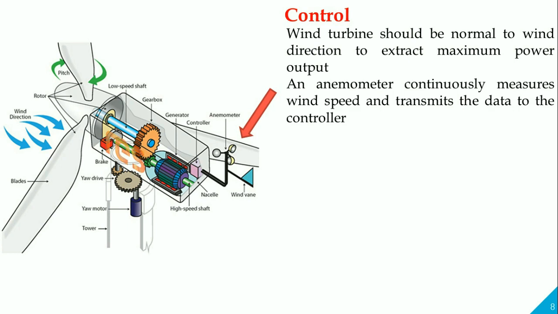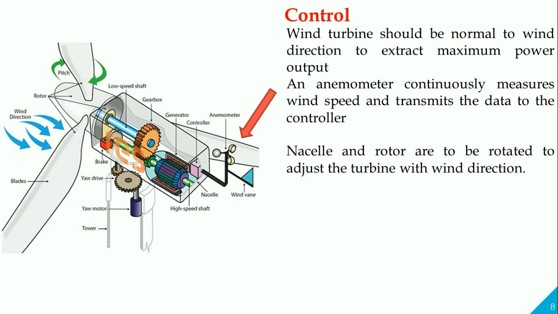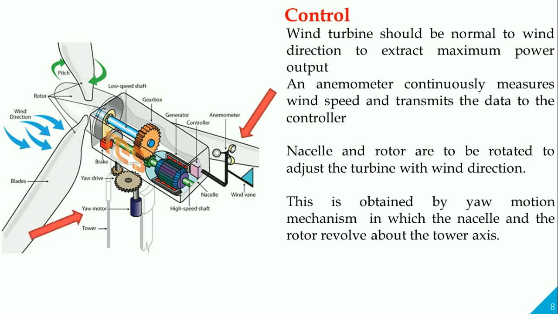The sensor later sends a signal to the yaw system. The yaw system rotates the nacelle and the rotor in order to adjust the whole assembly normal to the wind direction.